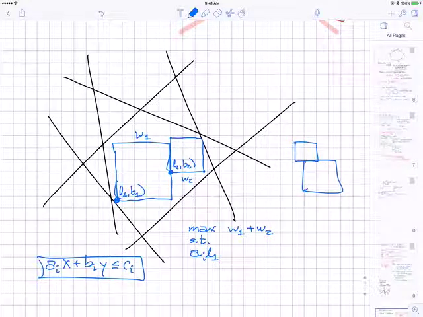I have to show that this point is inside my rectangle. So A sub I L1 plus B sub I B1. That was a poor choice. What should I call the y coordinate of the bottom? Q. Okay, good. It's an upside down B. Q1 is less than or equal to C sub I.